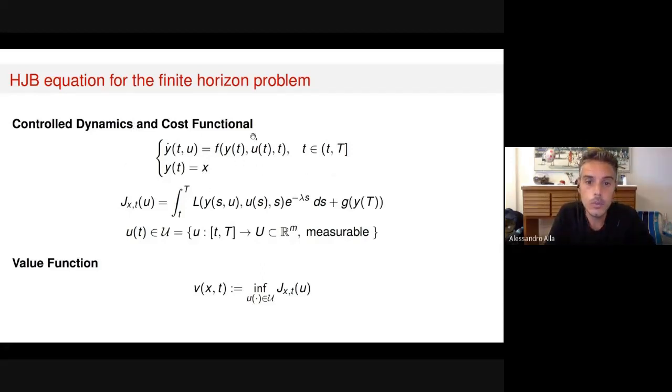In order to select the control, we have to provide a selection criterion. The selection criterion is given by the cost functional that we are going to minimize with respect to u. And of course, y should satisfy the differential equation. So my mathematical problem is essentially an optimization problem where we want to minimize the cost functional.